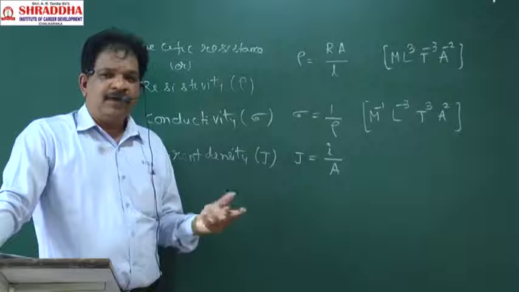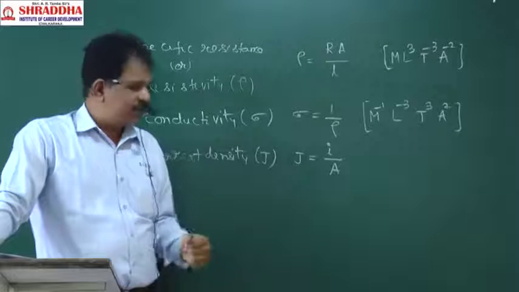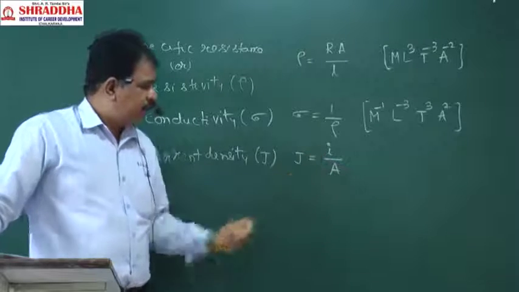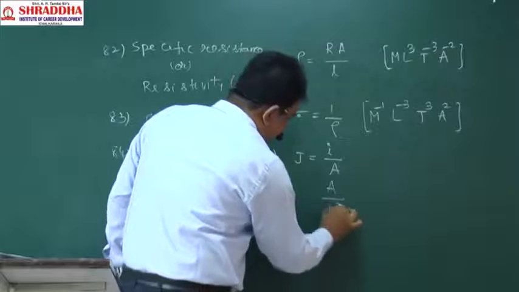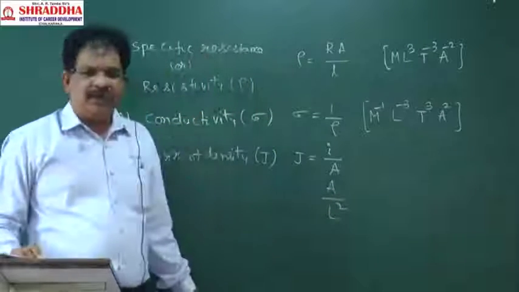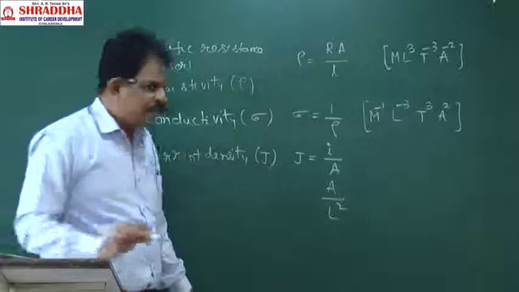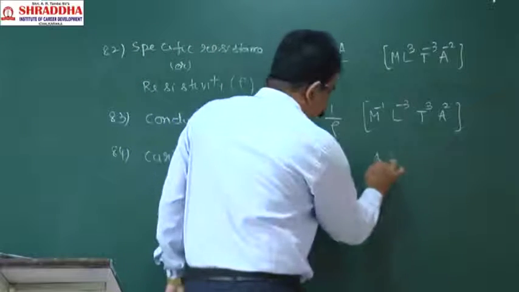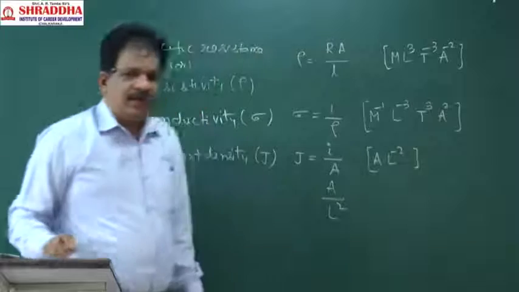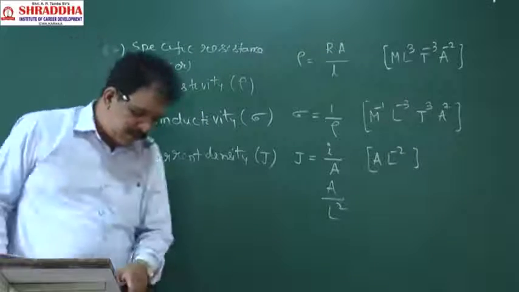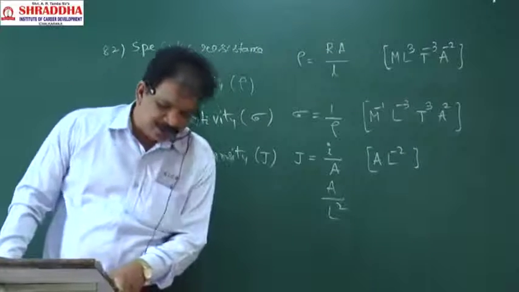So the current dimensional formula will be A, and the area dimensional formula will be L square. So how much will we get here? A L power minus 2. That is the dimensional formula of current density.